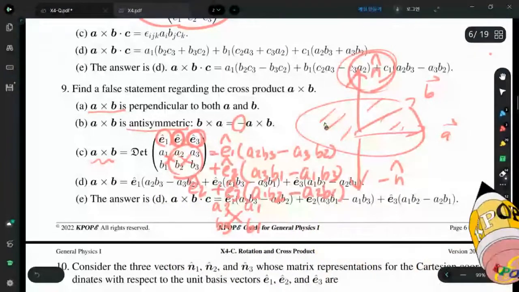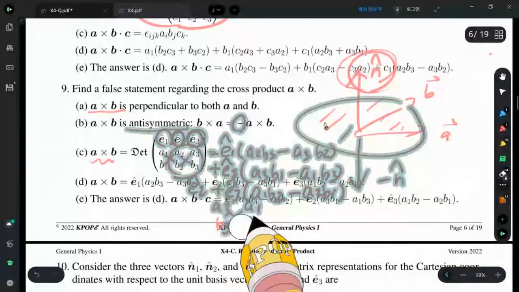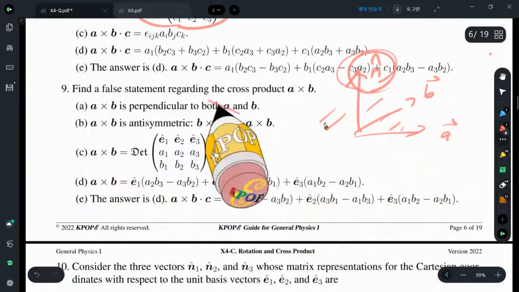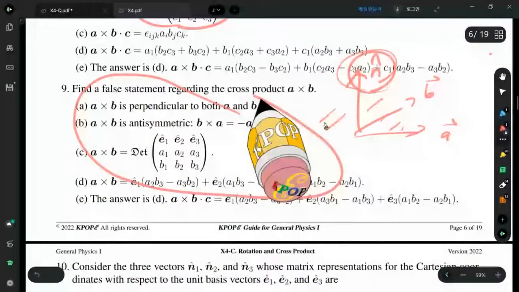Okay? So you have to memorize all of these. These are all very, very important.